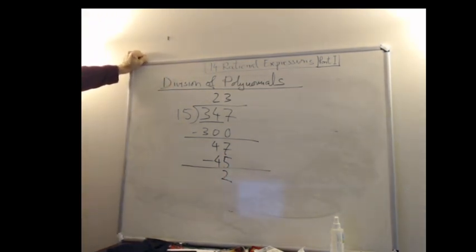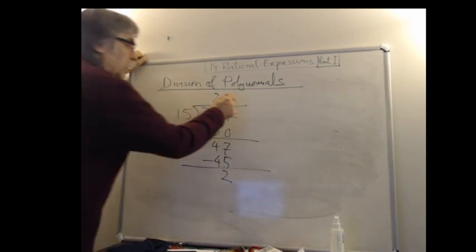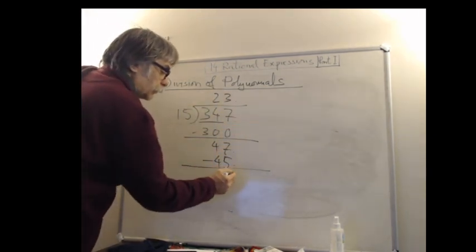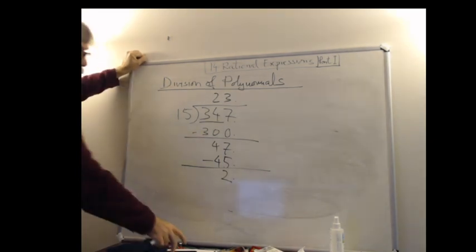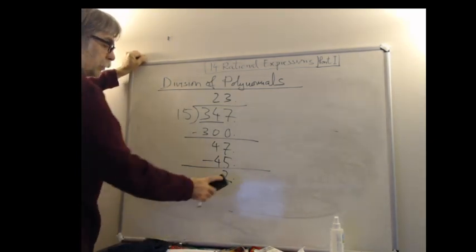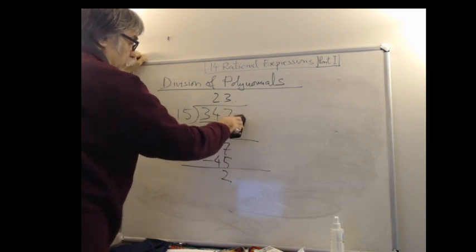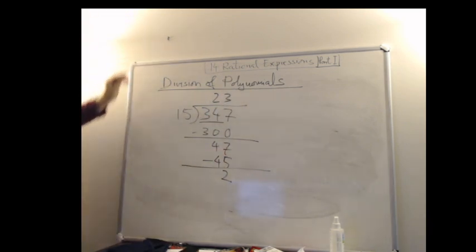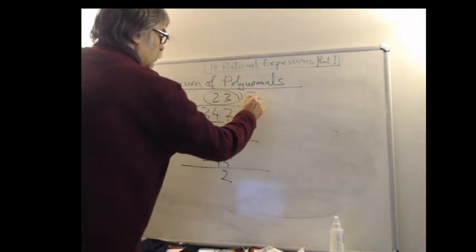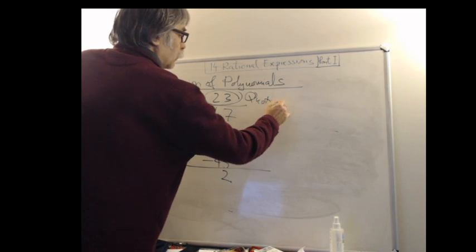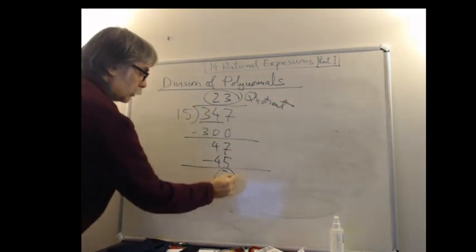So you can proceed now after the floating point if you like. There's a floating point for you here. So you can proceed after the floating point, but people usually don't do that, unless they are doing floating point long division. So you stop here. What do you have here? 23 is the quotient, and 2 is a remainder.